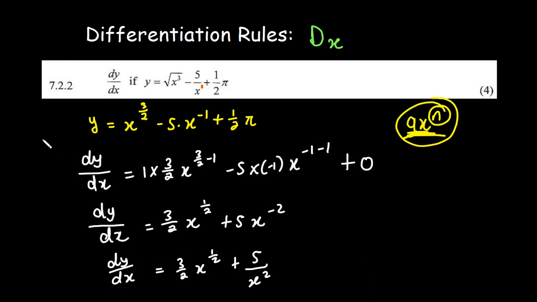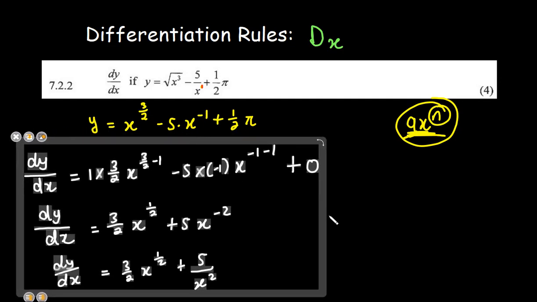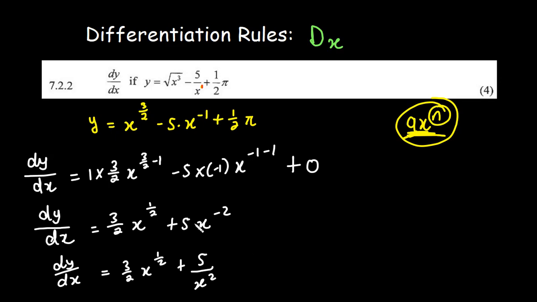Now if we do not want to use this notation for dy over dx, this is what you must know. It then depends on the question. The question would say maybe find what, but I just need you to know that the notation with the dx there is very much the same as other notations, just that instead of having y is equal to something, you would be having this.